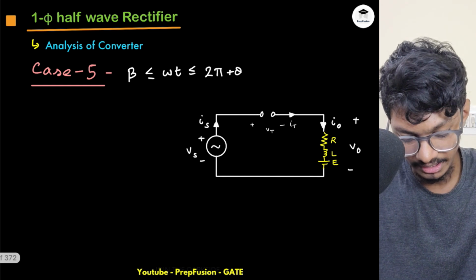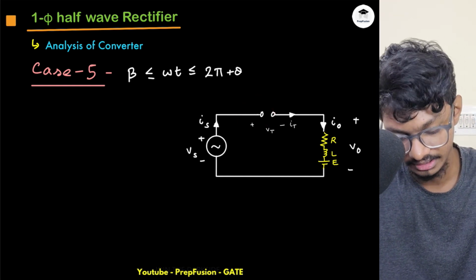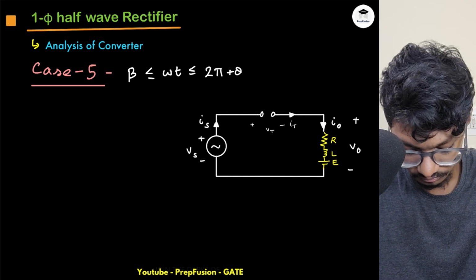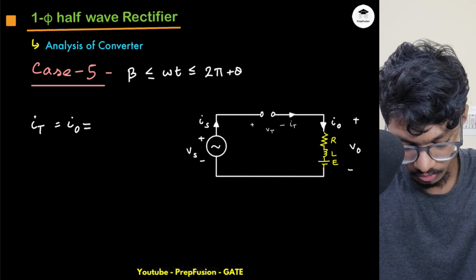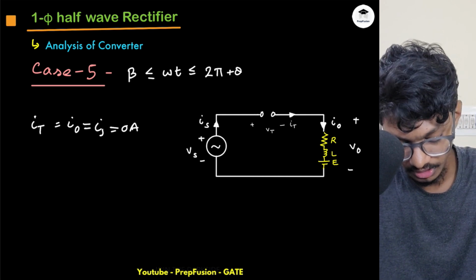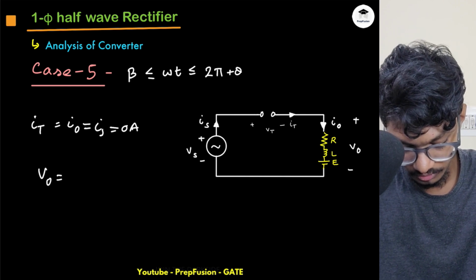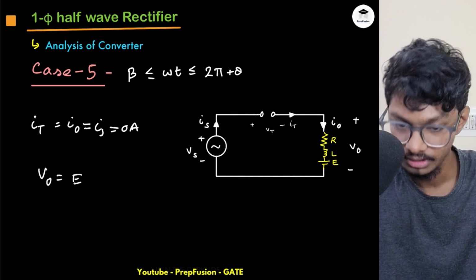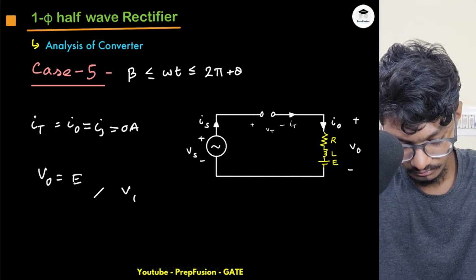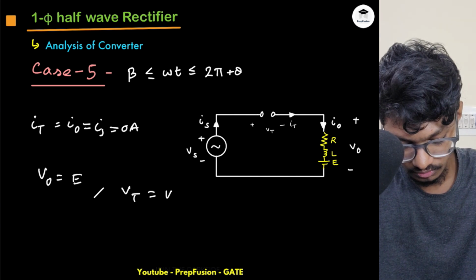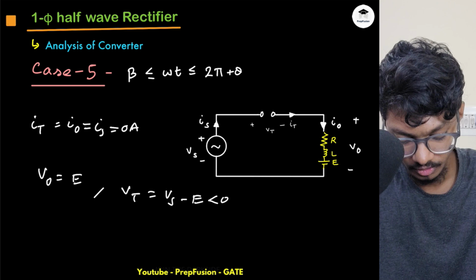So next, at beta, we will assume that obviously the current has gone to 0, so the SCR is off, and then again this will repeat. Basically my IT equals IO equals IS equals 0 amperes, and my VO equals simply E. In this region my VO is simply E, and my VT is equal to Vs minus E, which is obviously less than 0 because I'm lying in this region.